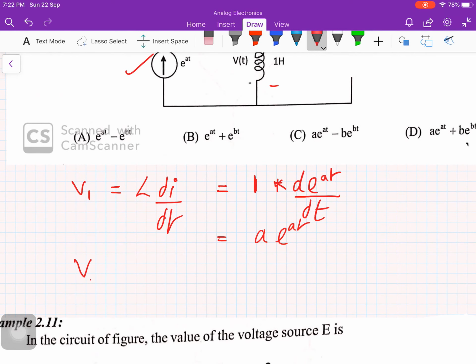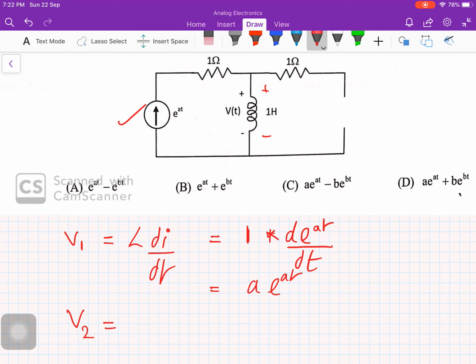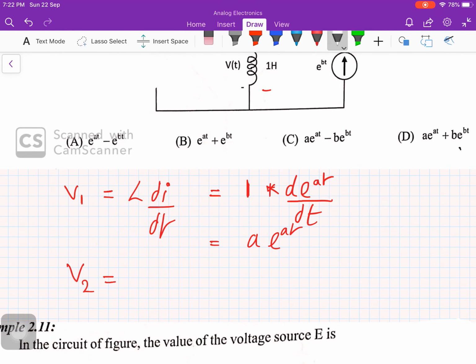Alright, now I need to find V2. To find V2, I will ignore this one and find V2 with the second source.